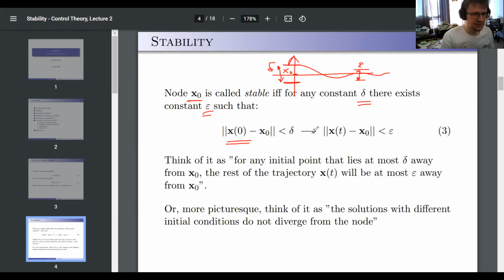Yes, please. Epsilon should be less than delta. No, the relations are irrelevant. Epsilon should actually be bigger than delta always. The way I've drawn it here is, I think, slightly misleading, so let me just draw it like this. The reason it has to be bigger is very simple: the initial condition 0 is also a t, right?